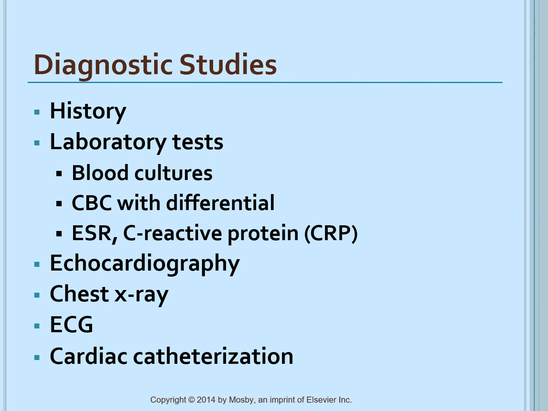And with a cardiac catheterization, we can evaluate the left ventricular function, and we could also see if coronary arteries have been involved. If somebody needed a valve replacement or some sort of surgical intervention to fix the valve, we would want to make sure that those coronary arteries were clear before undergoing any surgery.